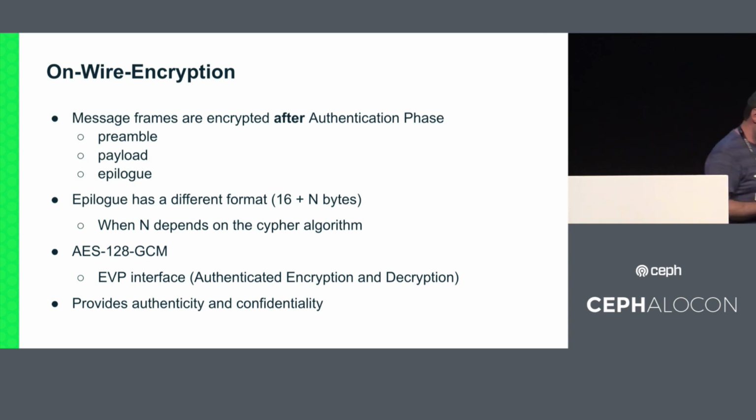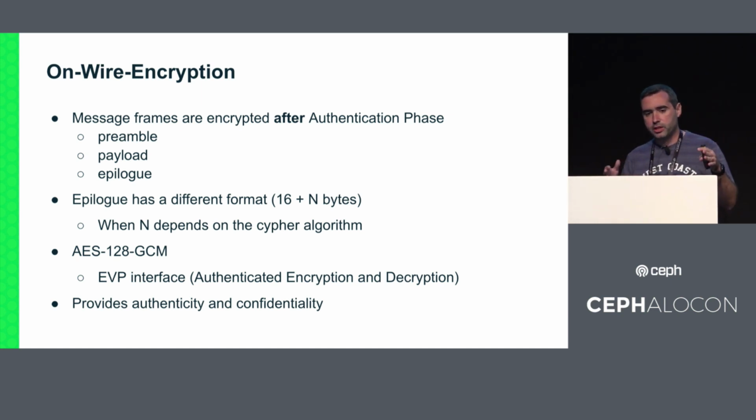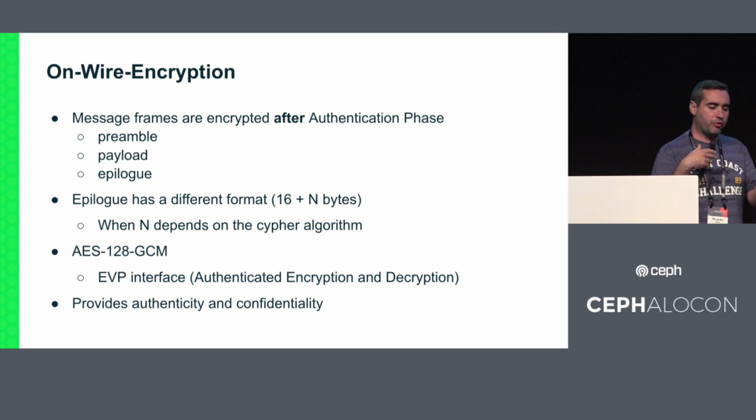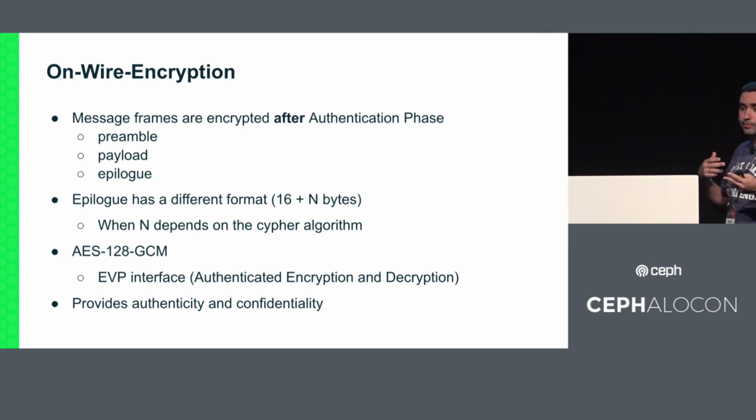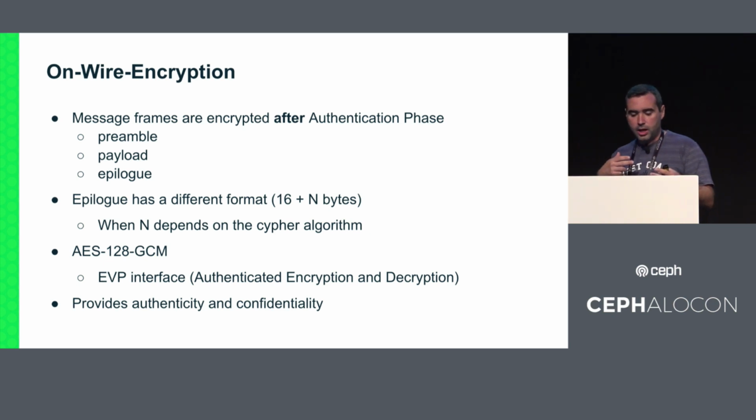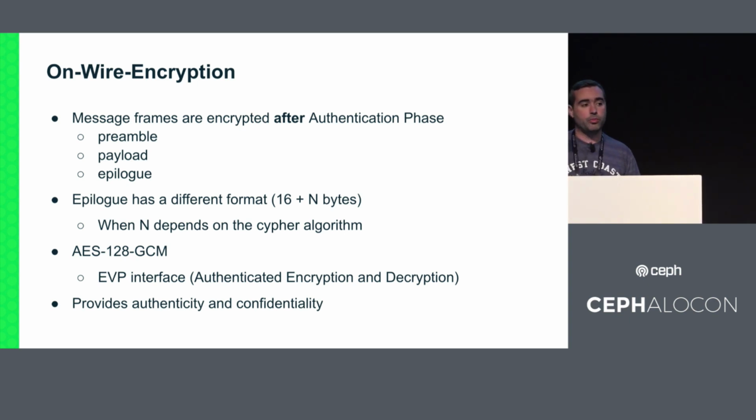So this was for getting the on-wire encryption. If during the authentication phase they agreed on using the secure mode, it means that now all the traffic starting from the session negotiation is supposed to be encrypted.